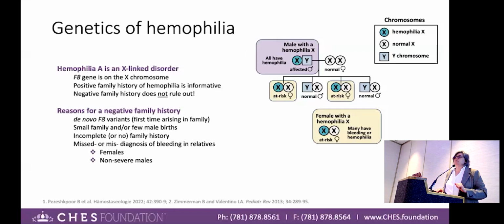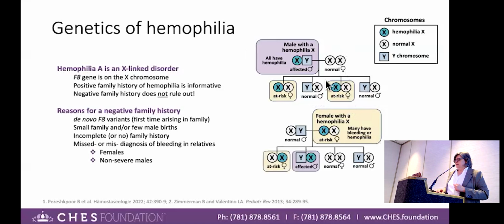And that means every daughter of a male with hemophilia inherits that gene change. So that's an important concept. And remember, every female who inherits that gene change is at pretty high risk to have bleeding or a diagnosis of hemophilia. None of the XY sons can inherit the gene change because their X must come from the mom.